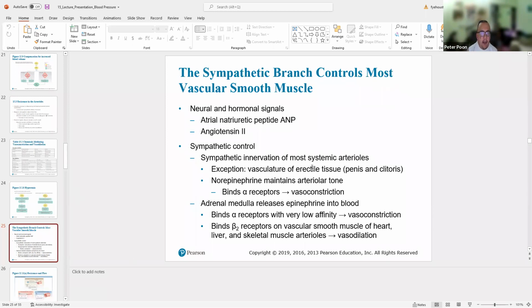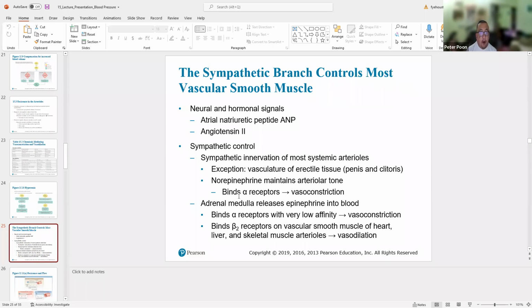Sympathetic innervation of most systemic arteries, arterioles. This is an exception. We'll talk about this, and we'll talk about why, the Viagra something like that. So norepinephrine maintains vascular tone.